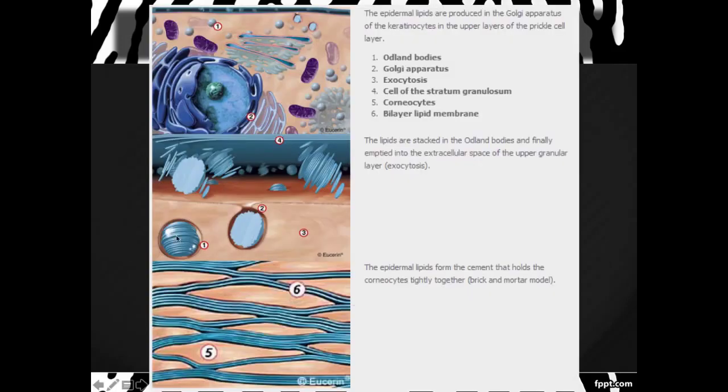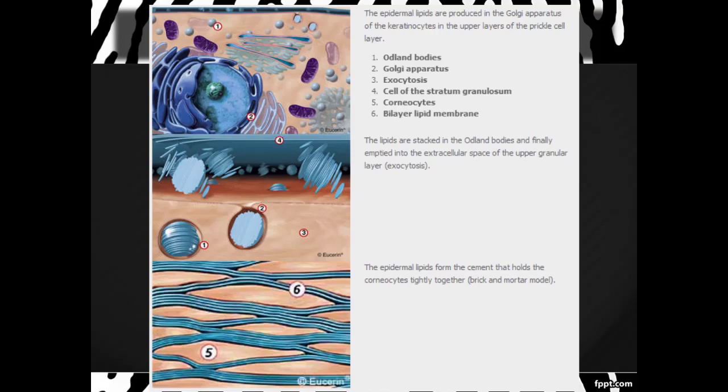So you can see the Odland bodies, or sometimes called lamellar or membrane coating granules, which are released by exocytosis into the intercellular space, where they assemble some kind of lipid membrane, which enforces the outer surface of cell membrane of keratinocytes.